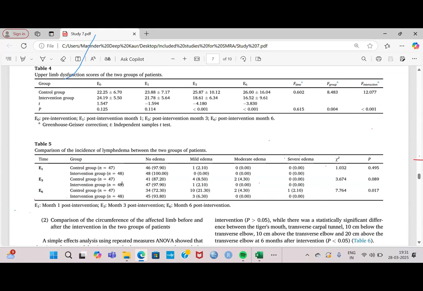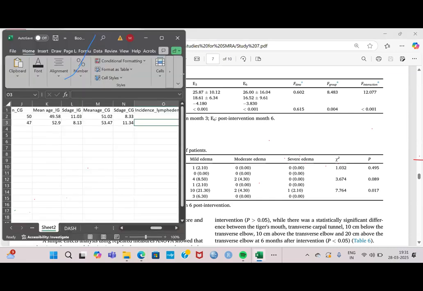In the intervention group, we have 48 participants. Out of the 48, one patient is having a mild edema, 0 participants have a moderate edema, and similarly severe edema is present in no patients. So only one patient in the intervention group at 3 months is having a mild edema. So I will put number 1 in the IG group.